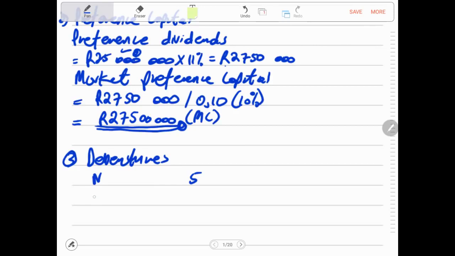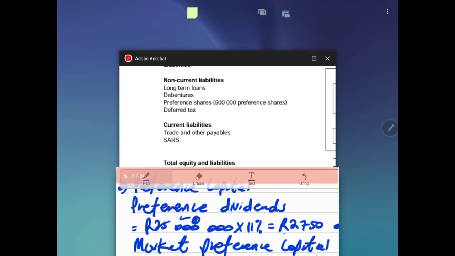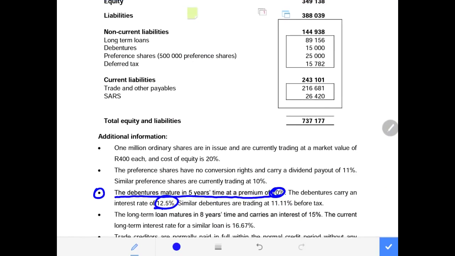Then we know that there will be a future value, which will be plus or minus. Let us confirm how much the future value will be. Remember, at the end of 5 years, we have to pay our debentures the full amount of 15 million plus 10% of that, because a premium is added on the capital.